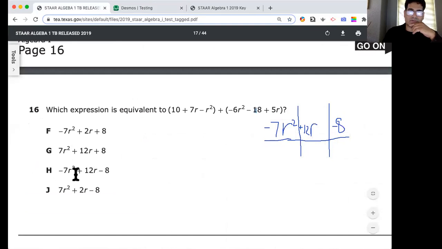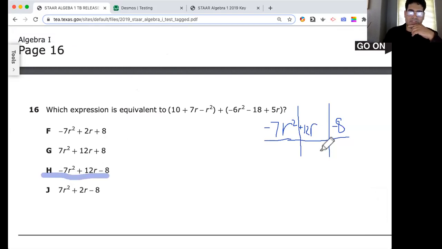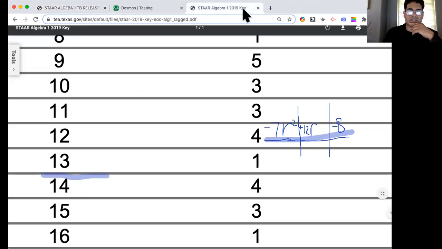Plus 12R, these two, but we only have a -8, and we want to double check that. So it seems to us that this right here is the one we're looking for, right? Okay, so let's see if we did our numbers correctly.